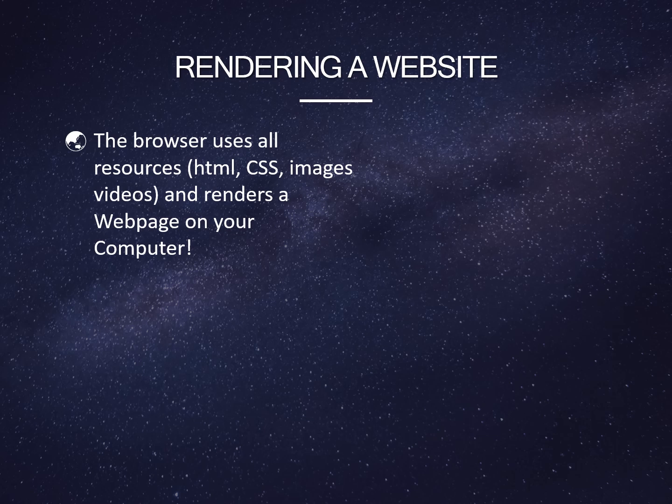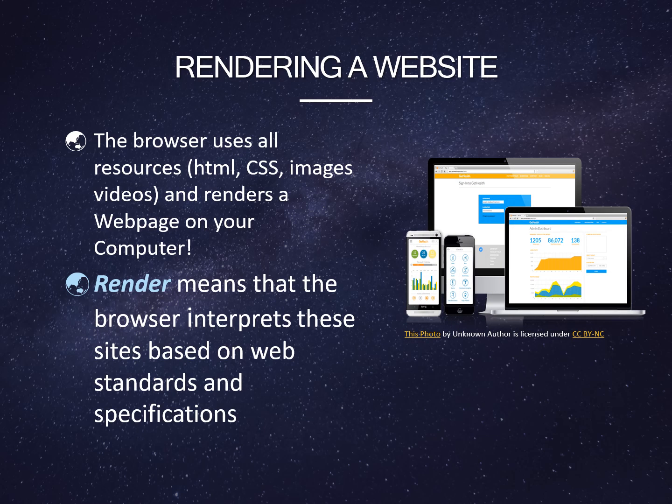The browser uses all of the resources, HTML, CSS, images, and videos, and renders a web page on your computer. Render means that the browser interprets these sites based on web standards and specifications.